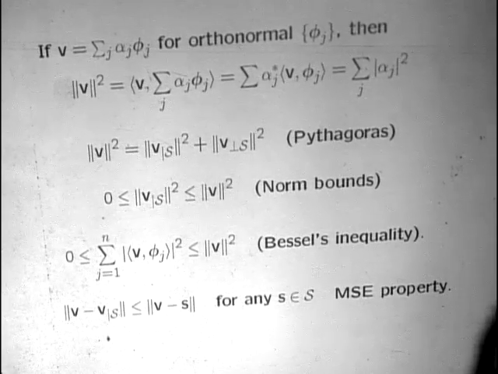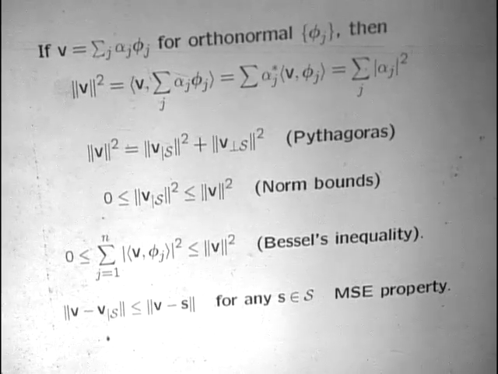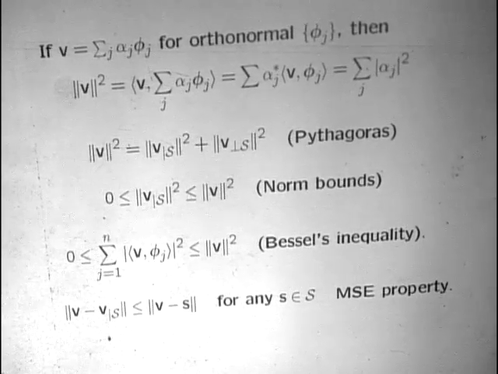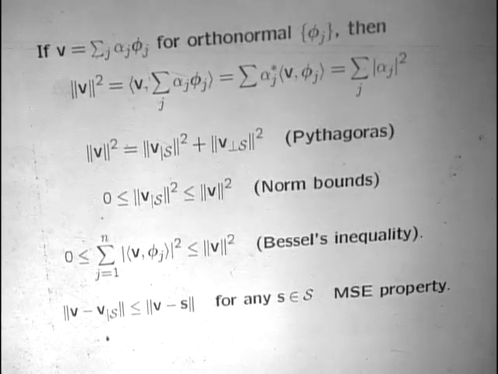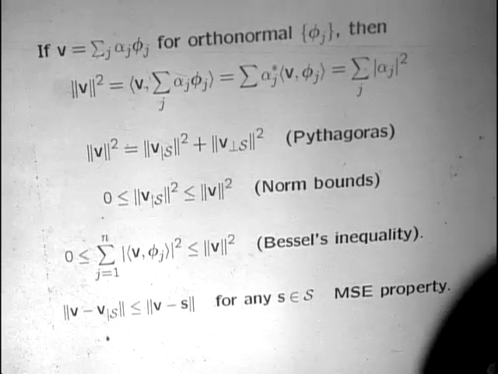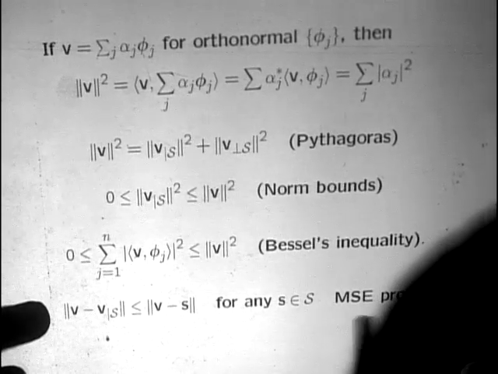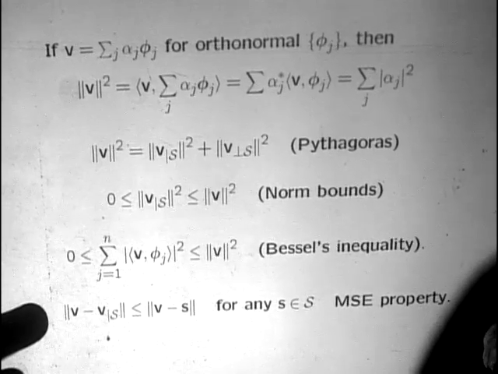And finally, the last of these is this thing called the mean square error property.